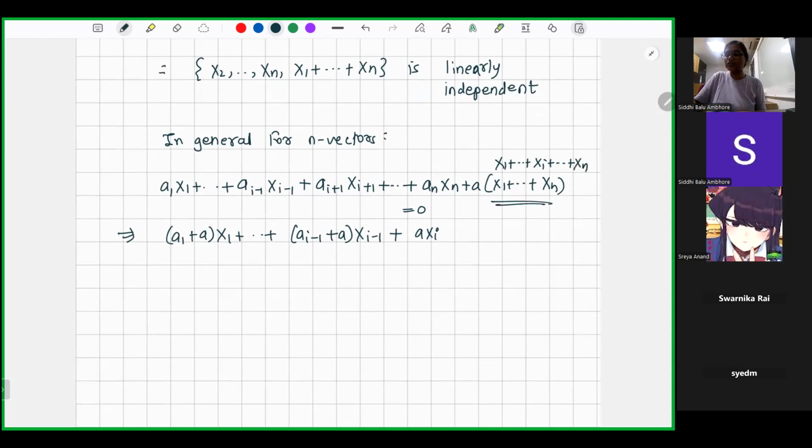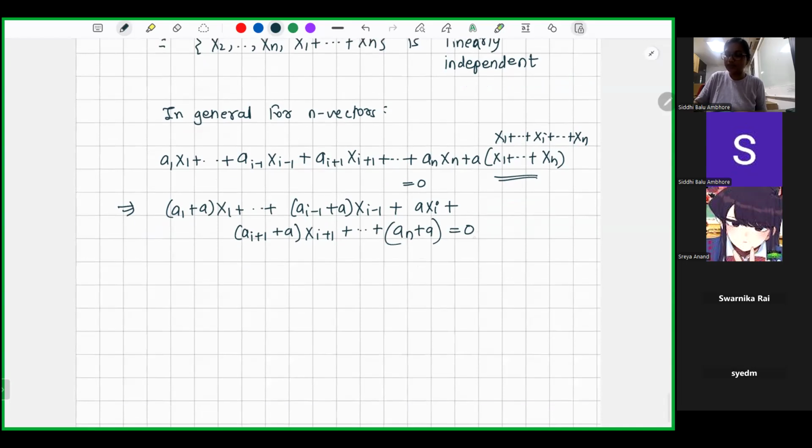This element is not changing at all. It is there as it is. Then a(i plus 1) plus a times x(i plus 1), and then an plus a, is equal to 0. And this 0 was, as I wrote before, 0x1 and so on up to 0xn.